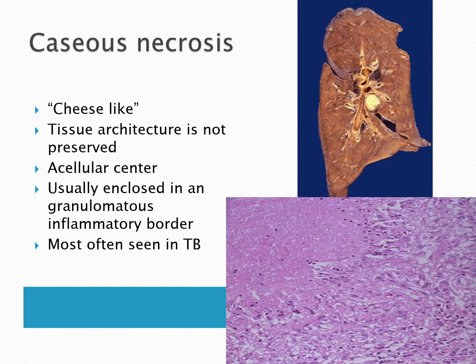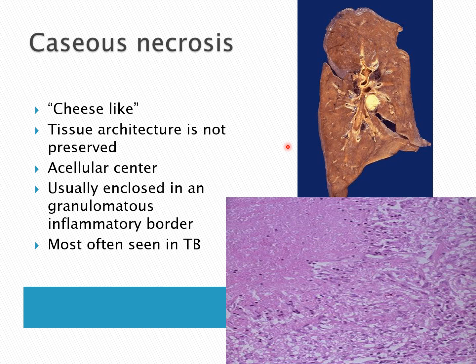The other type of necrosis is caseous necrosis. It is called like this because of the appearance of cheesy-like yellowish material in the area of caseous necrosis, like here, cheesy-like material by gross examination. The tissue architecture is not preserved at all.